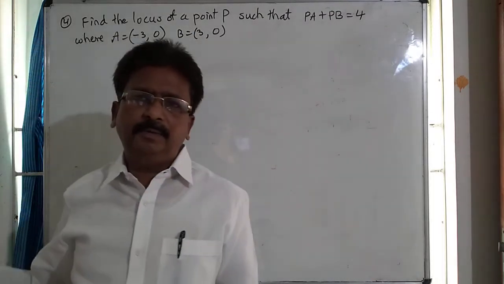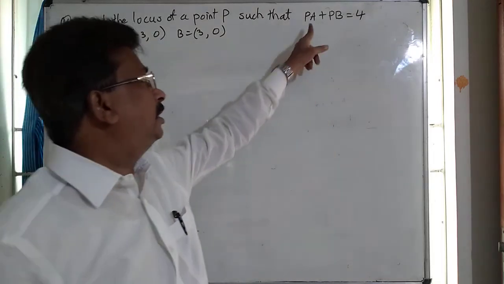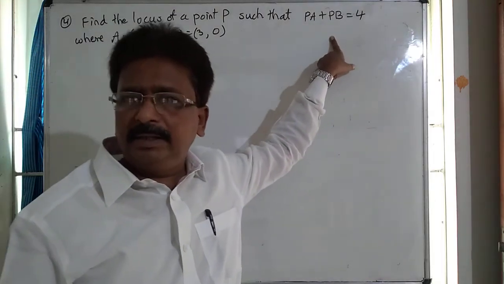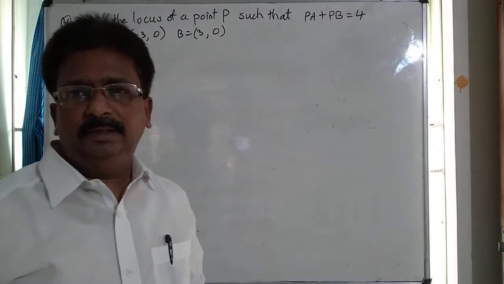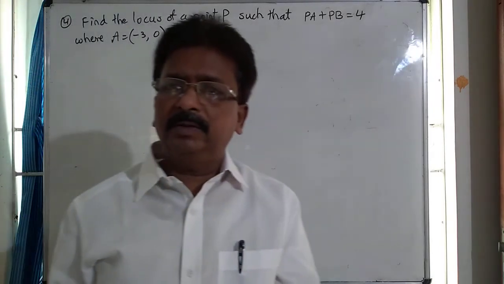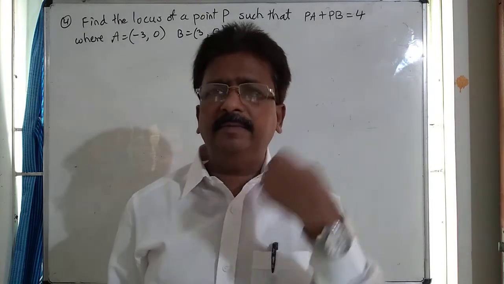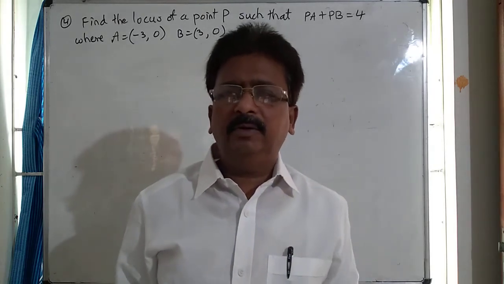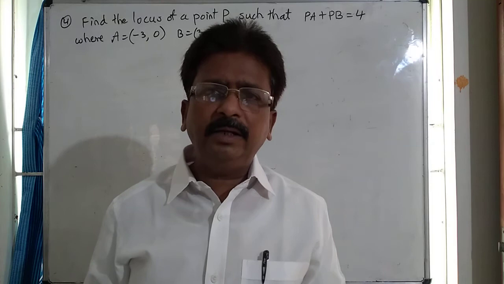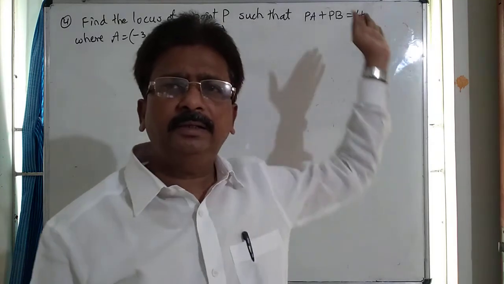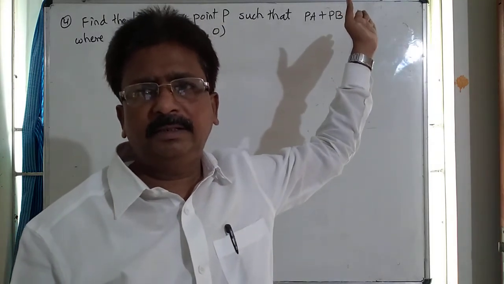Okay, you see the problem, the condition is given clearly, PA plus PB is equal to 4. So there is no problem solving the problem, because the condition is given. So we can do that. The PA value and PB value we can write at those places.